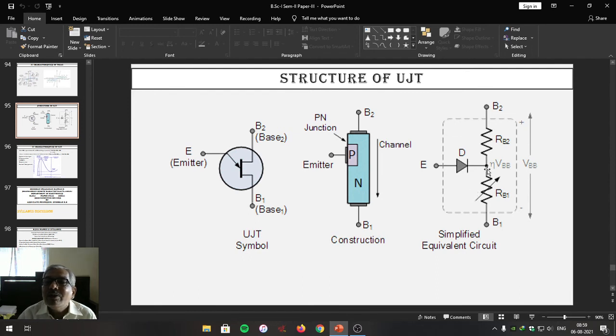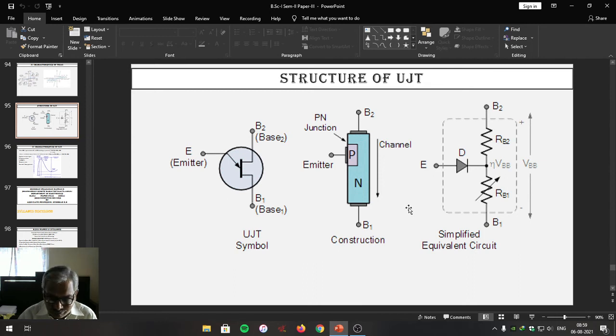Generally, during its conduction mechanism, when the voltage across the junction becomes equal to Vd plus eta times VBB, that is equal to Vp, the peak voltage. Up to peak voltage, current through the emitter goes on increasing.